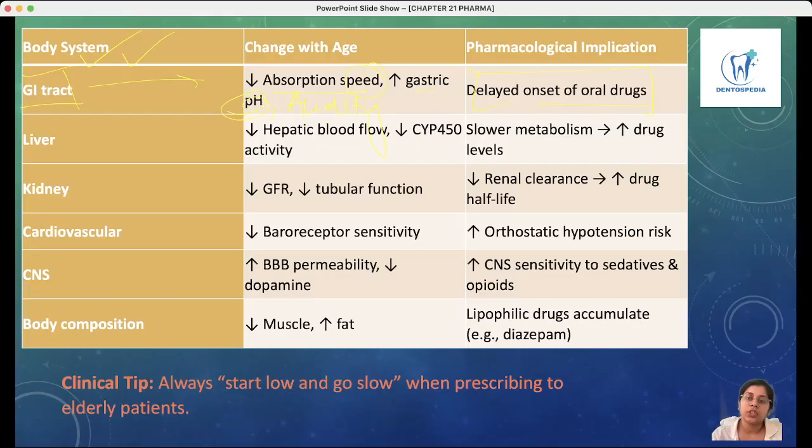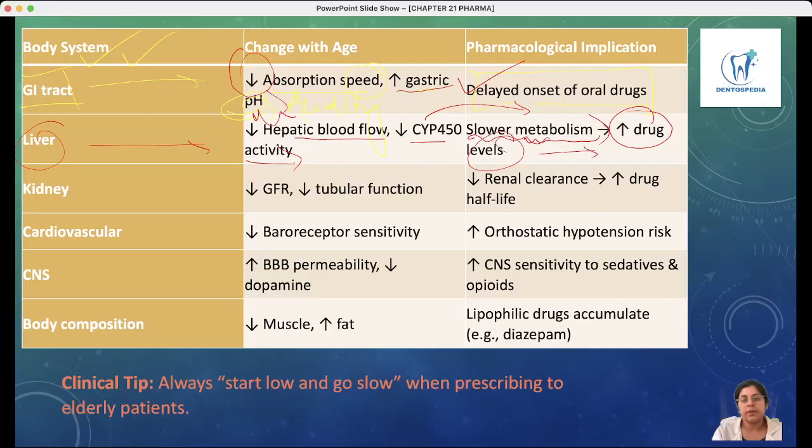So there is delayed onset of oral drugs because of the increased gastric pH and decreased absorption. The liver will have decreased hepatic flow and a decrease in CYP 450 activity. This is responsible for metabolism, so with slower metabolism there is an increase in drug level in the blood. In the kidney, there is a decrease in GFR and a decrease in tubular function, so decreased clearance of the drug and increased drug half-life. More of the drug will be there in the body.